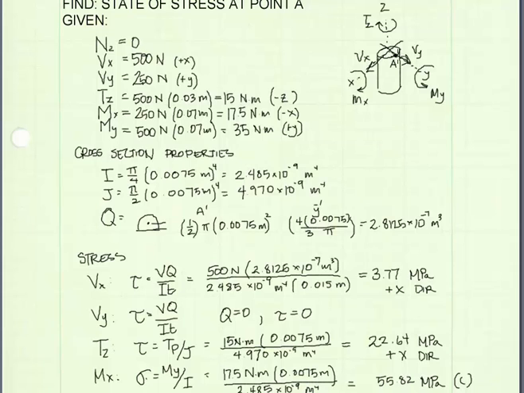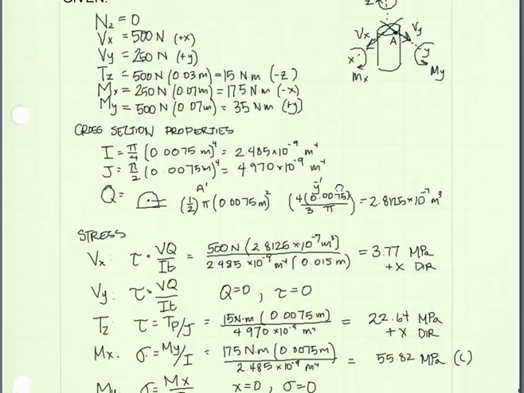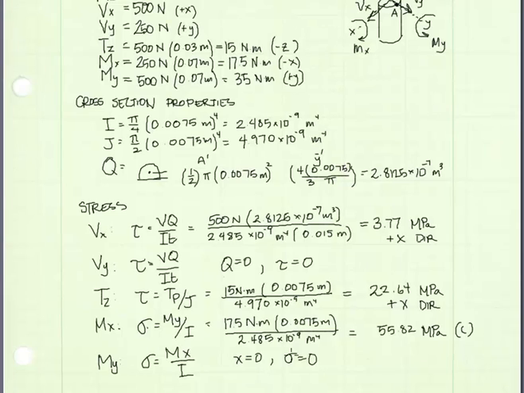That means the bending stress at point A from a moment about the y direction is going to be 0. And that is because our distance from the neutral axis is 0, since we are on it. So sigma is equal to 0.